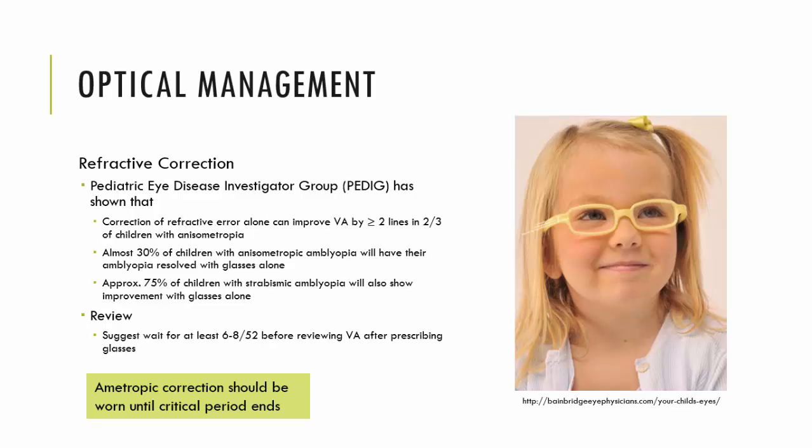Now, if the visual acuity is improving in the amblyopic eye, then it is suggested that you continue to just have the glasses on until the VA in the amblyopic eye stabilises. And if it stabilises at a point where amblyopia still exists, then this is when you commence occlusion treatment.